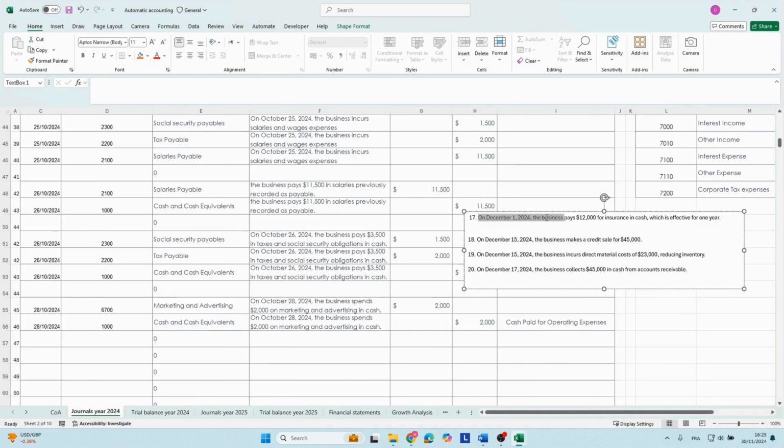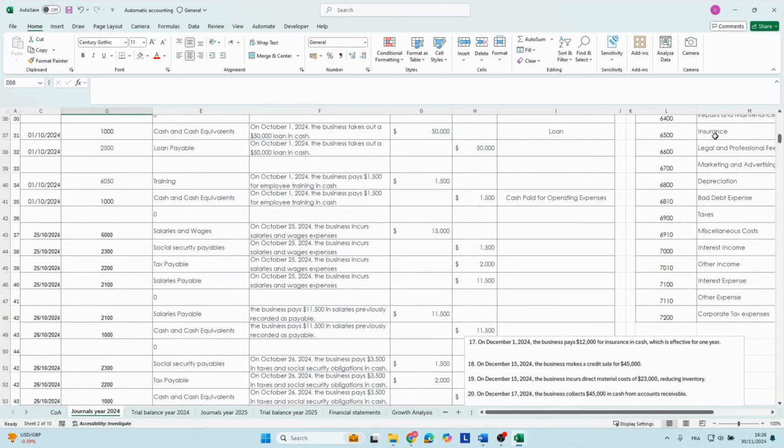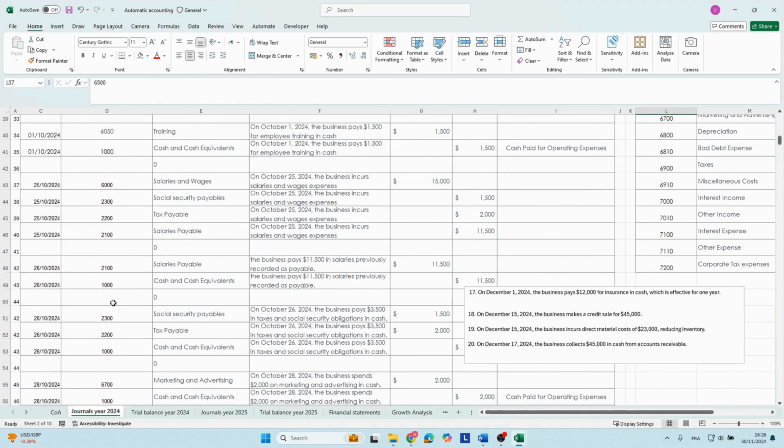Next, on December 1st, the business pays 12,000 for insurance in cash, effective for 1 year. Our insurance is for a period of 1 year, but we will book the cost for the full year. Then when it comes to adjustment, we adjust it to the period.